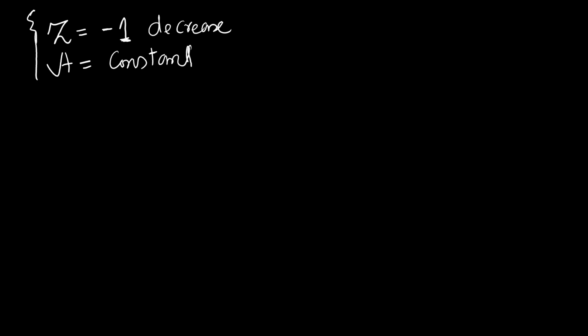So dear student, please remember these rules for the electron capture process. The atomic number is decreased by 1 for the daughter nuclei, whereas the atomic mass of the daughter nuclei remains the same. In this way you can solve problems for electron capture processes.